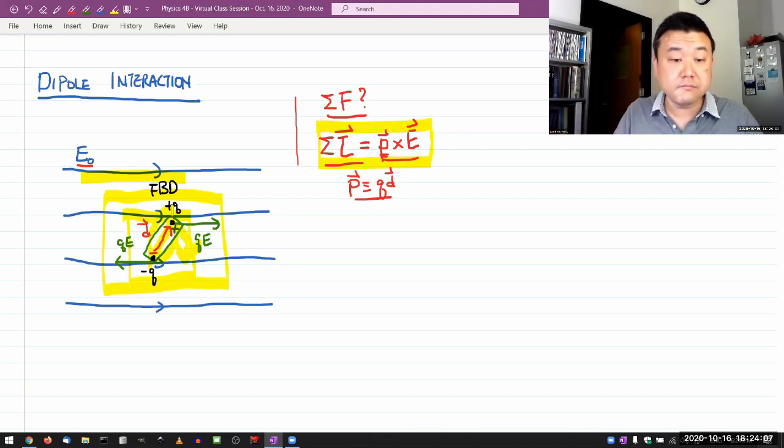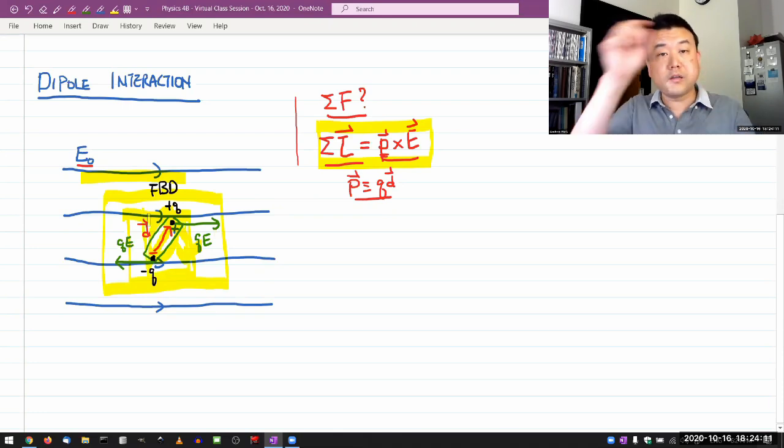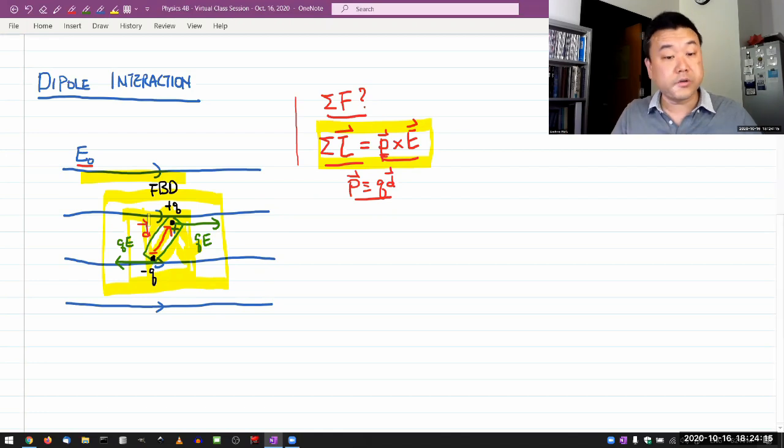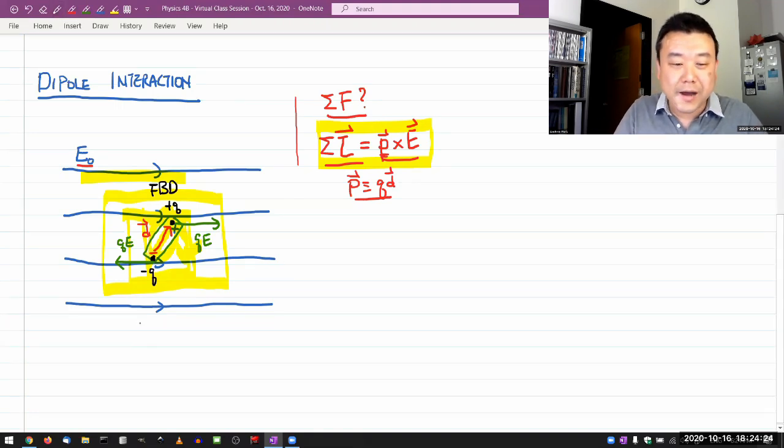You can think about playing with this setup and rotating it around, seeing what position would have the highest potential energy and what position would have the lowest potential energy. When you're done playing with it, the position of highest potential energy you will find is this one, with a positive charge here, negative charge here.